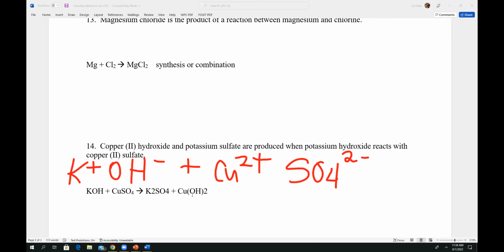Now on the left, when you bond them, you're going to get this K bonded to this SO4. So it's going to be K2SO4 because you got 1 and 2, right? So the 2 goes to the potassium. So that's how you know. And then the copper is going to bond to the OH. So the copper is going to give its 2 to the OH.